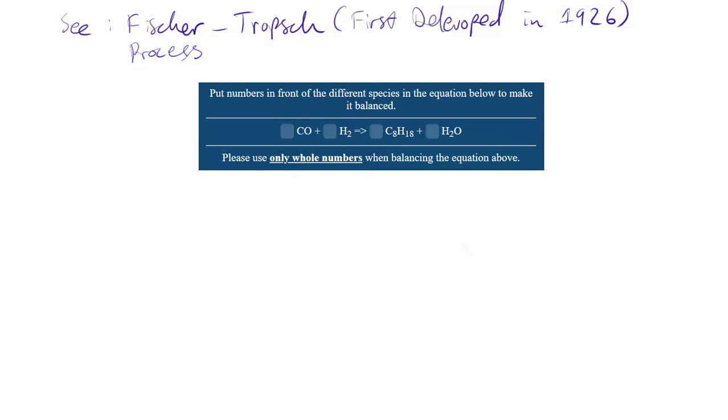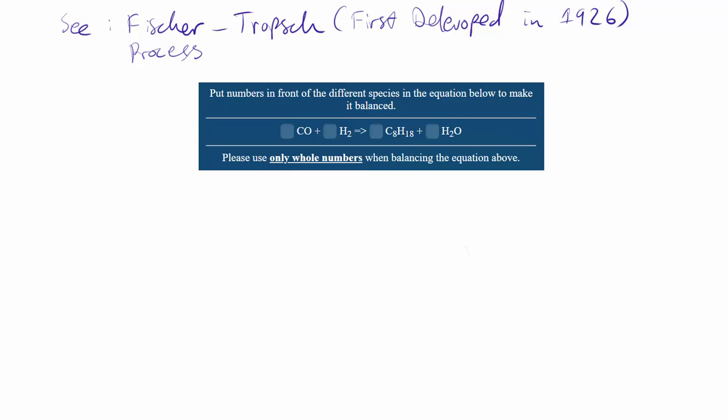I'm not going to go into too much detail about that, but it was a process which was discovered, or should I say developed, in around 1926 in Germany, and essentially it's a process which enables the synthetic production of hydrocarbons, which as you can imagine has a number of uses. That can be, effectively, producing it from carbon monoxide and hydrogen.